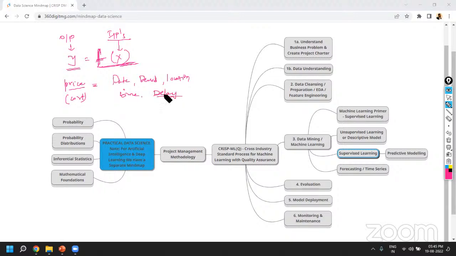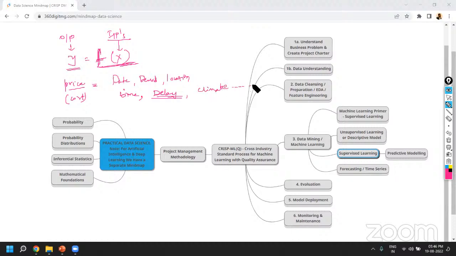When I say delay, we are talking about how many days the vegetable is or will be in the market after it gets plucked from the plants, because it has to be sold immediately, consumed immediately. Otherwise, there will be delay. There will be quality depreciation, right? The life cycle of the vegetables is very short. So this delay is also going to impact the price, right? The climatic conditions will also be there.